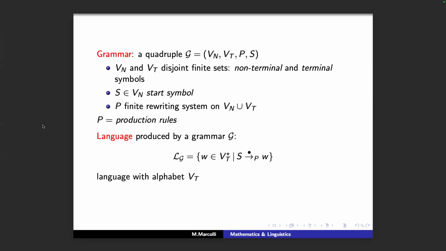And the language is all the strings in the alphabet of the terminal symbols that are obtained as a derivation that repeatedly applies some of the rules available in the set of production rules, starting with some assigned start symbol.